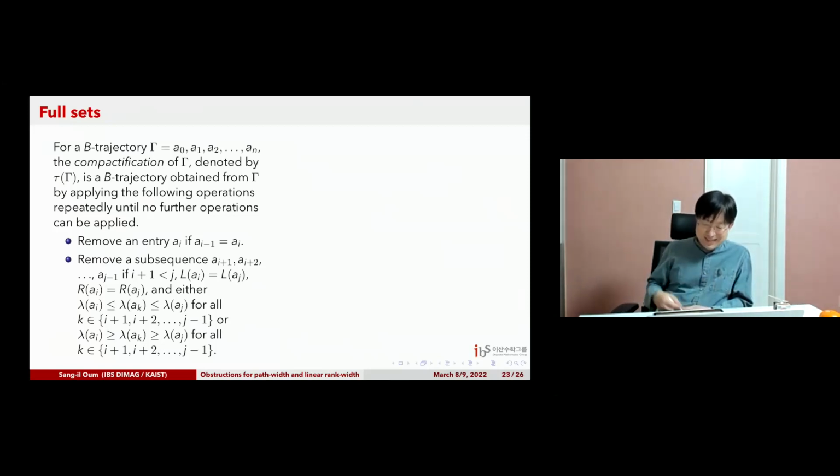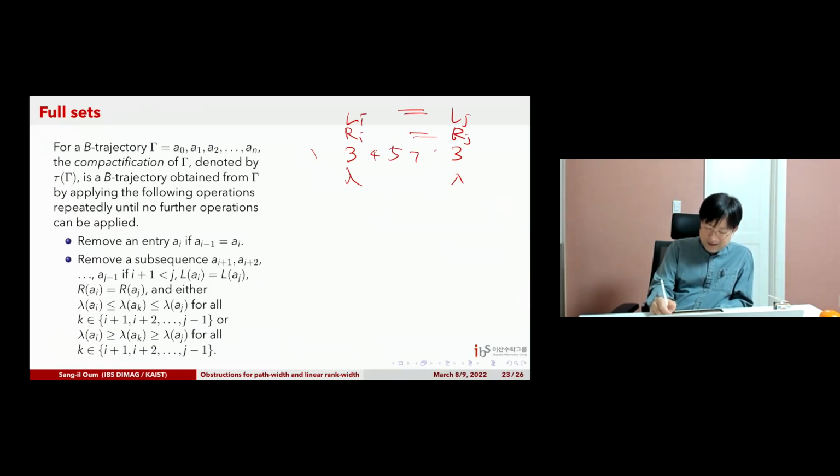I mean, you don't have to know exactly, but the one key operation is that when you have two lambdas and these things Li, Lj, let's say Li is equal to Lj and Ri is equal to Rj, and lambda is changing, like let's say 3, 4, 5, 7, 6, and something like that, 8, let's say. So that 3 is minimum, 8 is maximum. These are all sandwiched between 3 and 8.